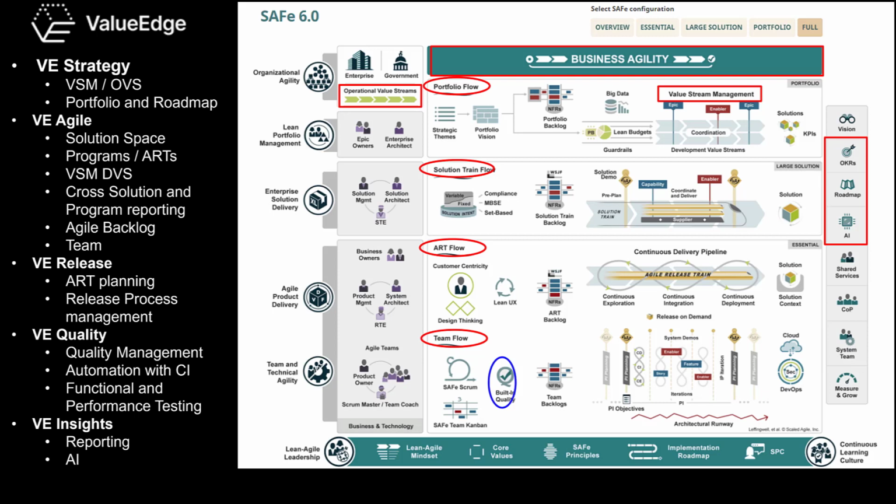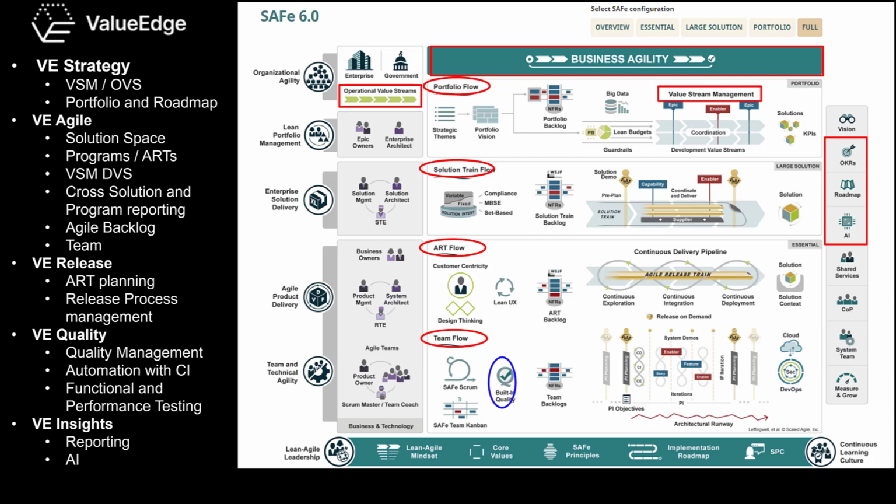And everything is connected, like in our DNA of quality at the center of everything that we do. We want to make sure that everything that we do is covered by high quality. So we have the ValueEdge quality module that will provide us a one stop shop for quality management, including manual testing, including automation on demand test, integration with the CI pipelines, where our automation will provide additional coverage on top of the traditional manual testing.